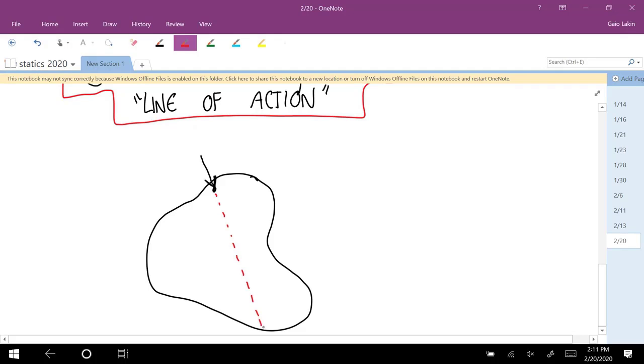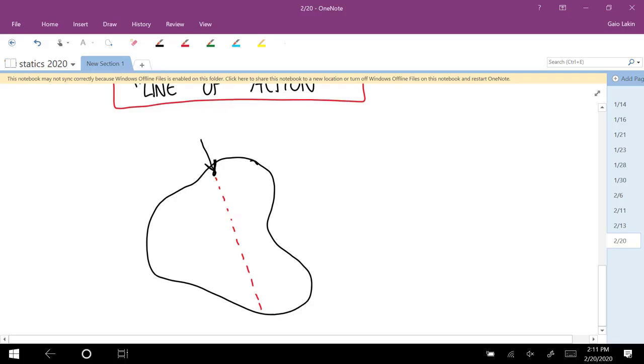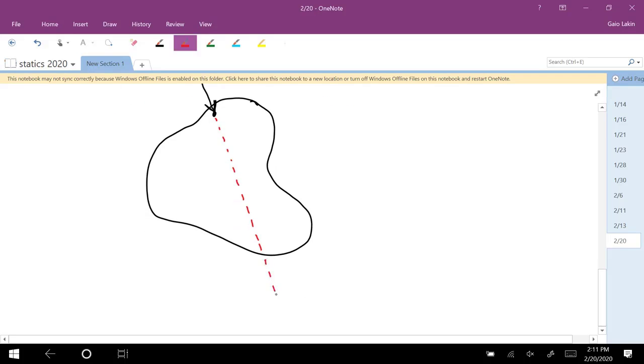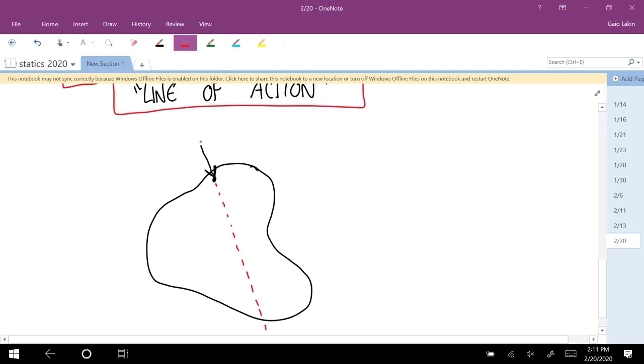I think this picture gets that idea across better than words. Okay, so the red is called the line of action.